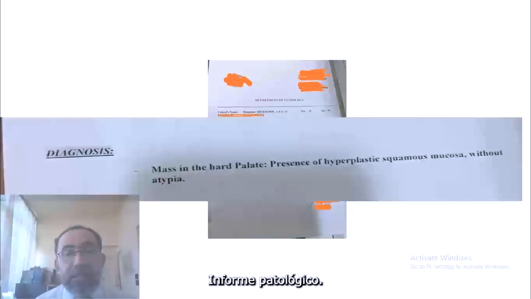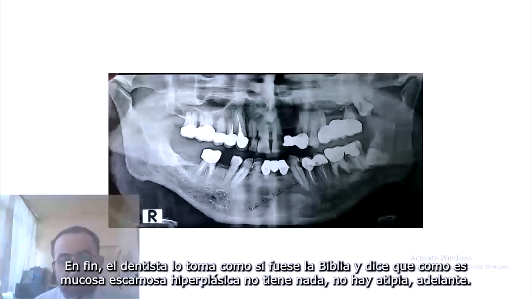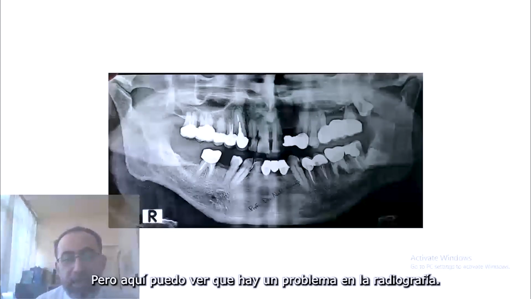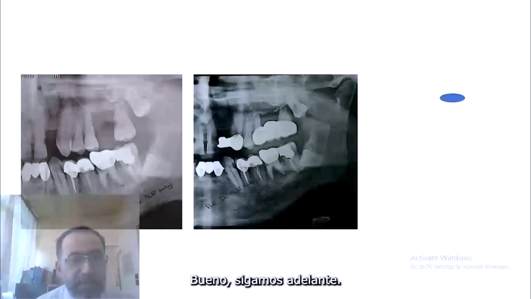Anyhow, the dentist took it as a Bible, and it says hyperplastic squamous mucosa, there is nothing, there is no atypia, go on. And he went on, started making bridges. But here I can see that there is a problem in the radiograph. Well, let's move on. That was the beginning.